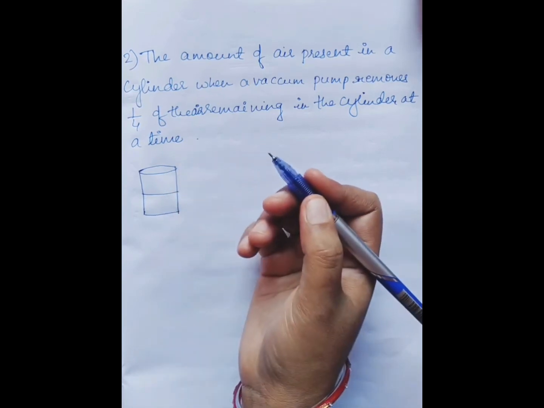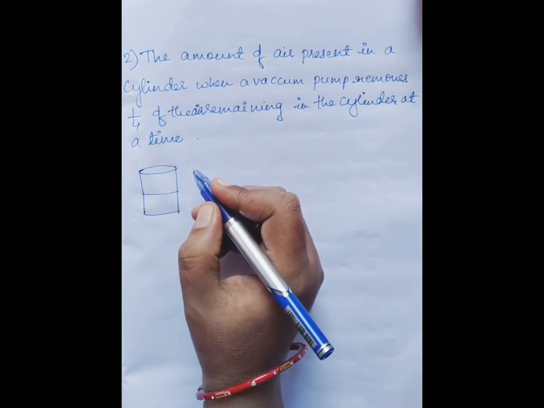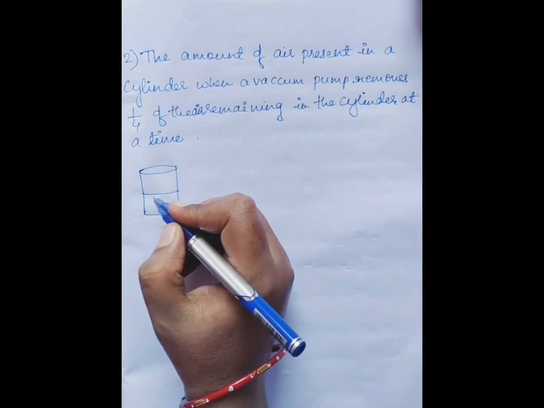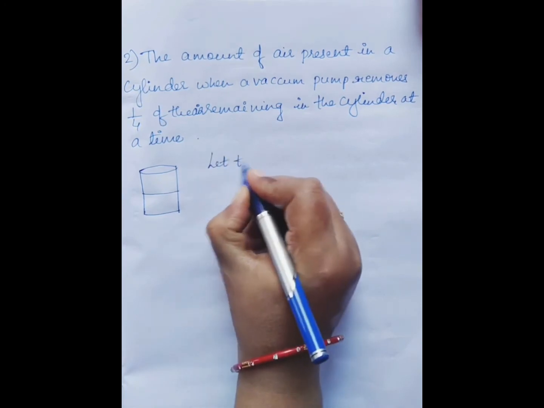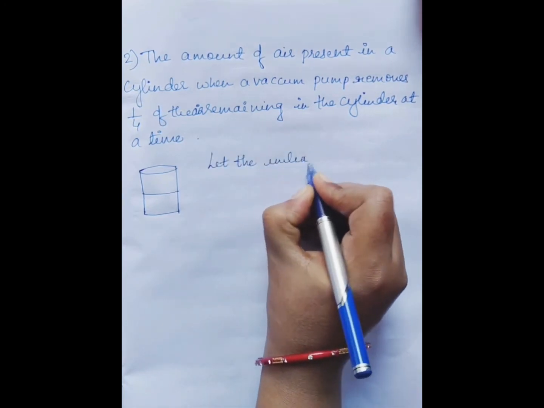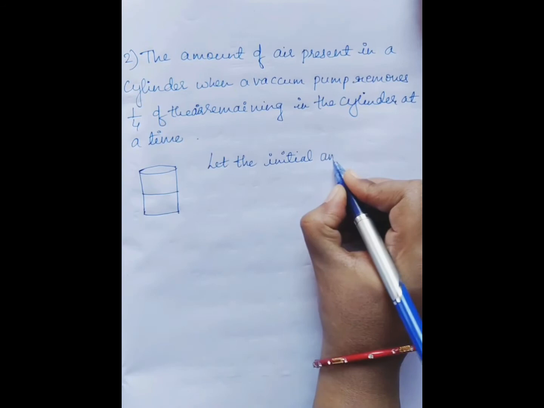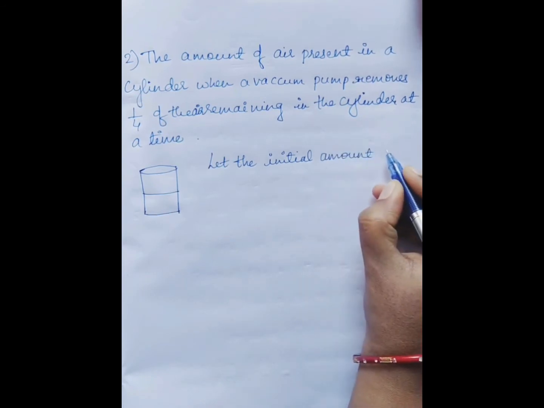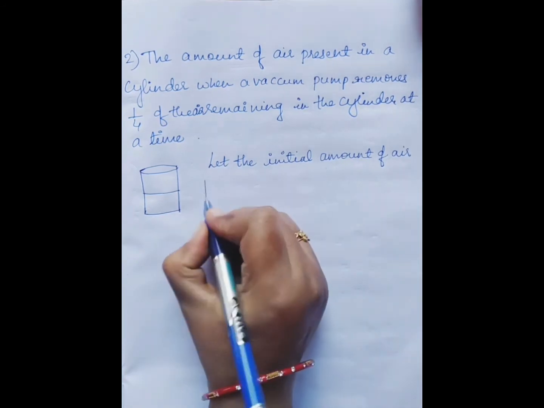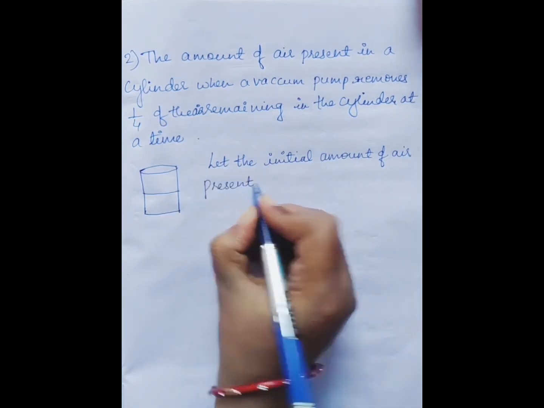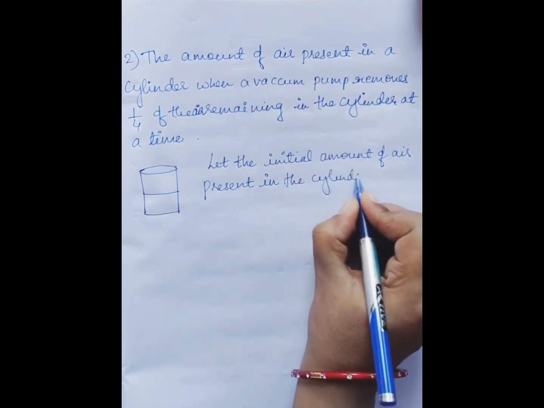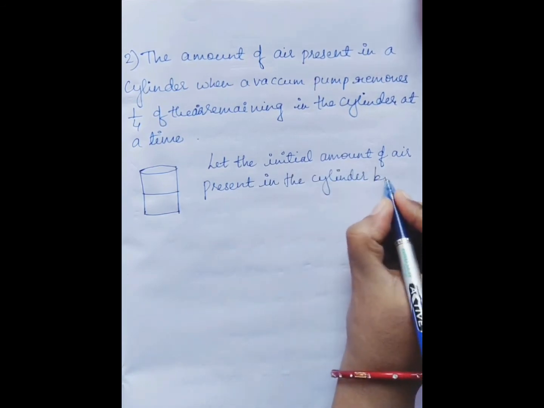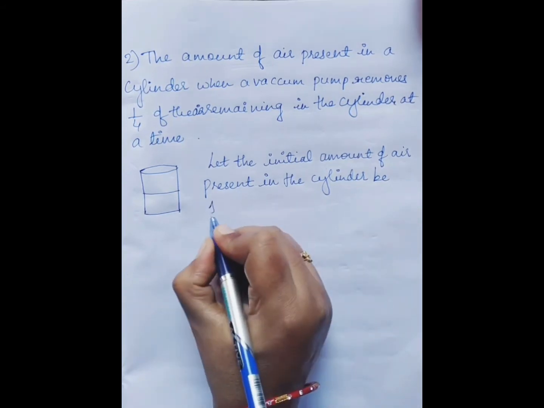So what do we have to do? We have to assume that there is some air present in this. So let me write: let the initial amount of air present in the cylinder be 1 unit.